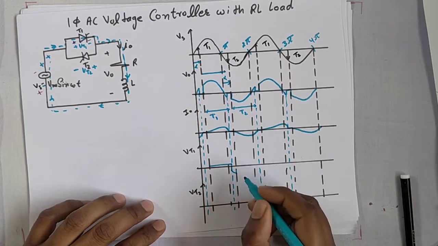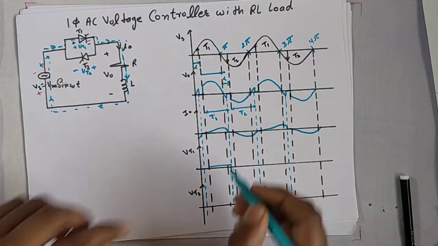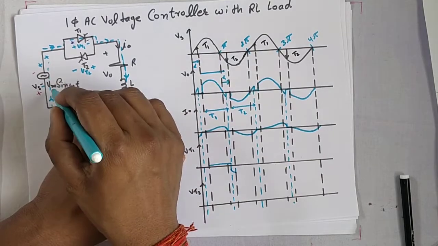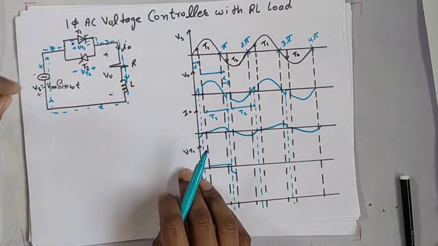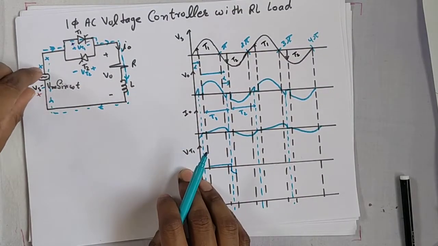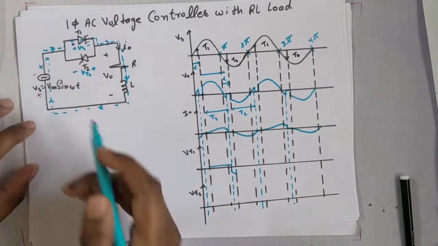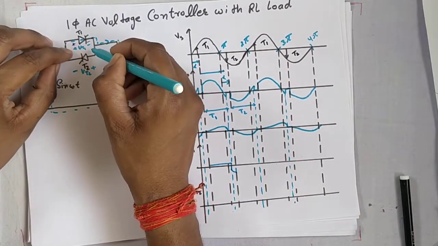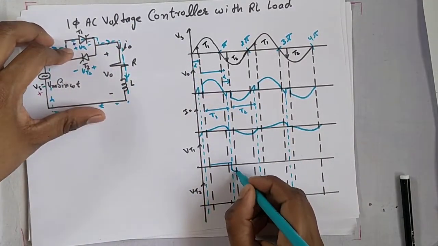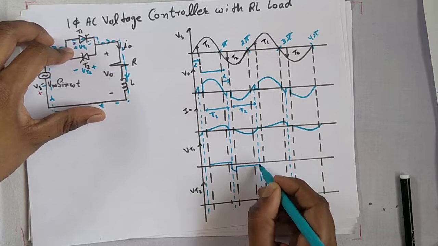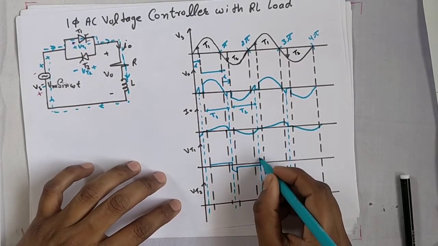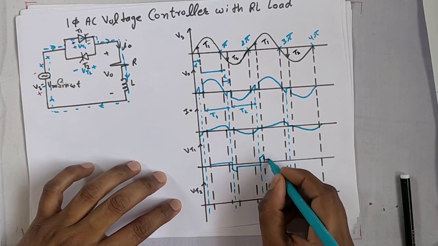Again for the negative cycle, this terminal becomes positive, and this is negative, so the potential drop will show as negative. Again it is positive, again.